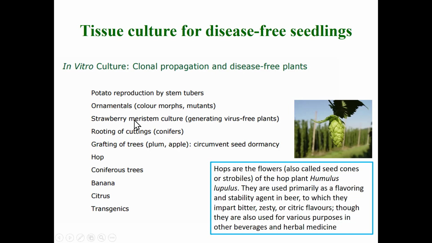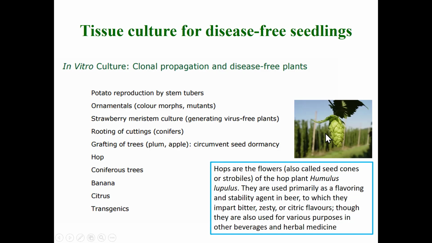And starting an industry of tissue culture requires very little investment. Only technical know-how is important. Even a single room is okay. Rooting of cuttings, different conifers, grafting of trees, palm, apple, circumventing seed dormancy.